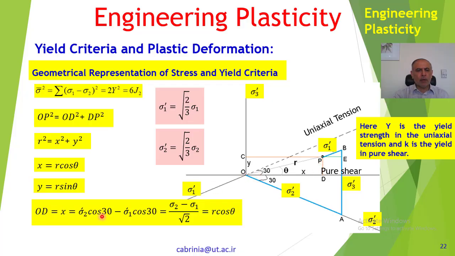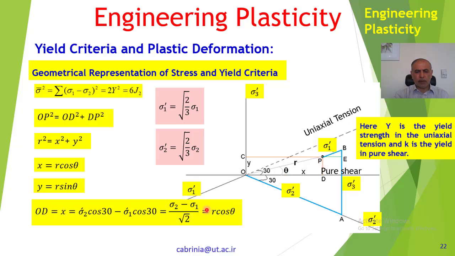Yes, so if we write this down in terms of this, root 2 over 3, and cos 30 is root 3 divided by 2, so we get the root 2 out of the multiplication of these numbers, and we get sigma 2 minus sigma 1 over root 2, which is also OD, which is R cos theta. Yes, OD is R cos theta.